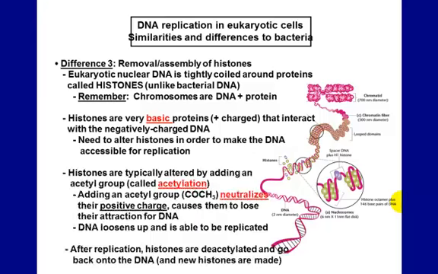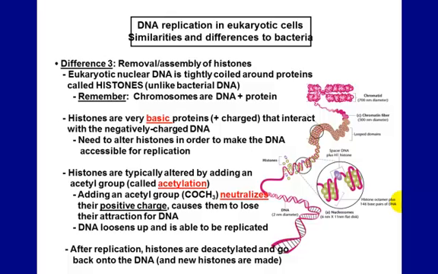So now what happens when you are modifying these histones? This is a very important thing to know here. In order to modify the histones, you have to go into the protein and change its properties. So what you do is add an acetyl group. You do acetylation of the histones. Now, what is this acetyl group?